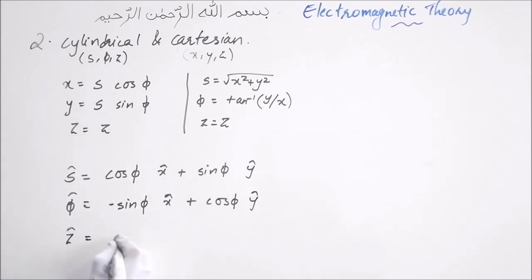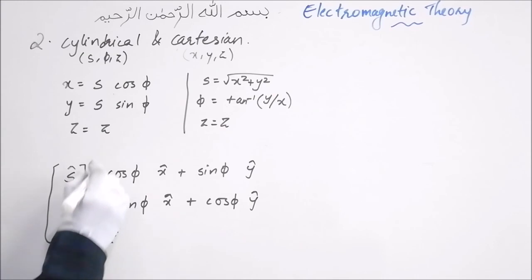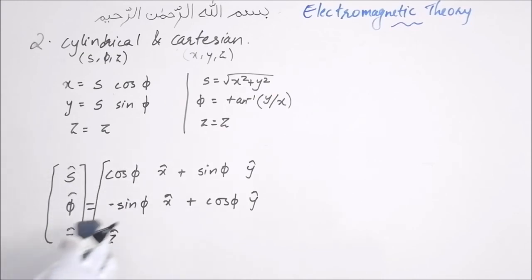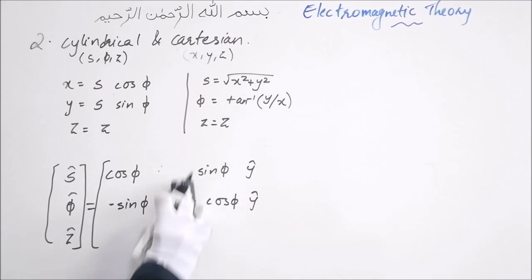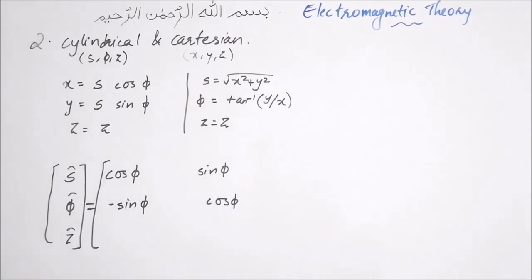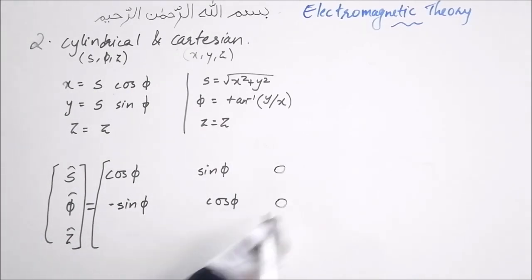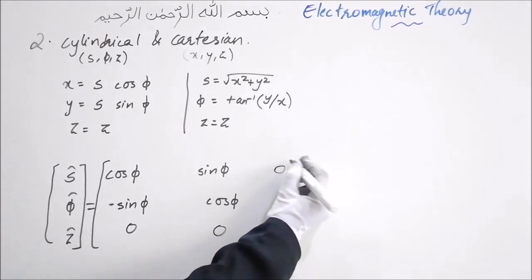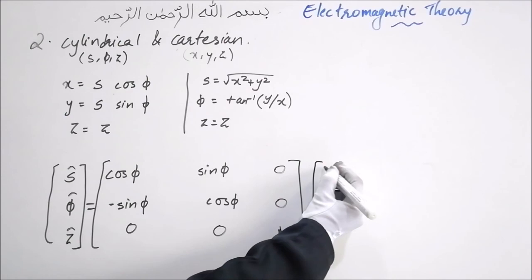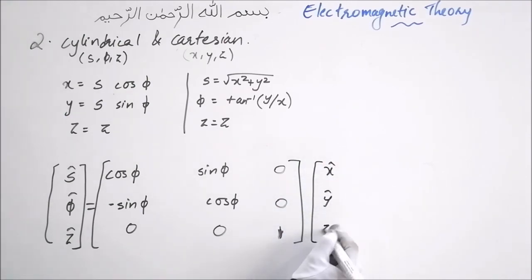And z hat is equal to only z hat. Now in terms of a matrix, we can write s phi z equal to cos phi sin phi 0, minus sin phi cos phi 0, and in z hat we have only one z hat term, so 0 0 1, multiplied by x hat y hat z hat.